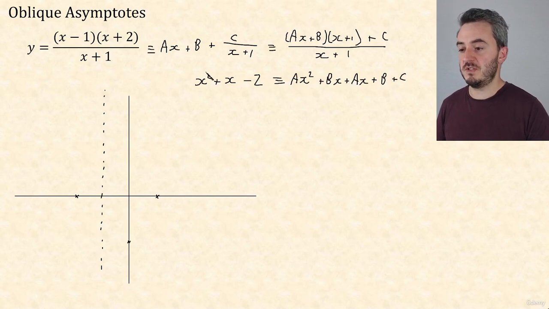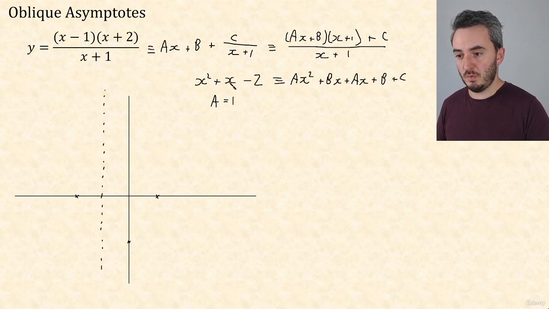Comparing the coefficients of x squared, I get 1 over here equals a here, so a equals 1. Comparing the coefficient of x, I get 1 must equal b plus a, and a is 1, so b is 0 in this case.